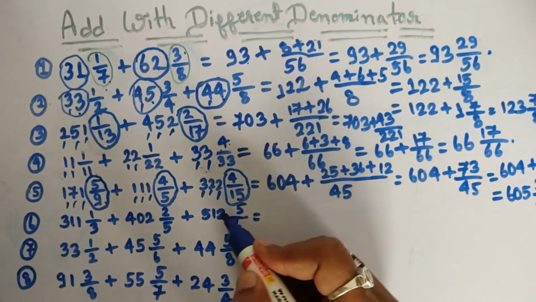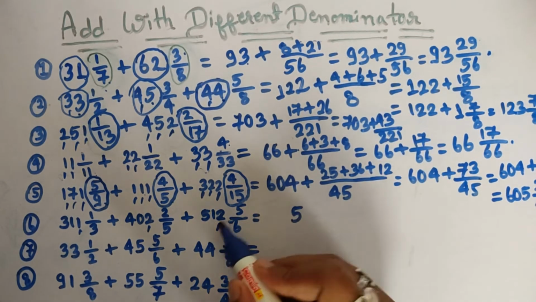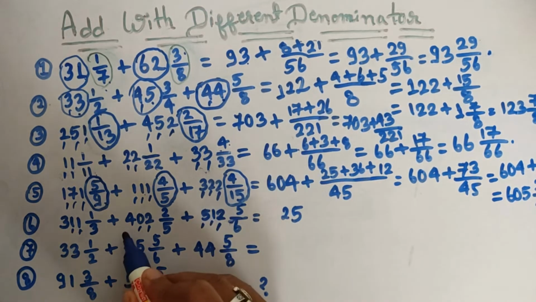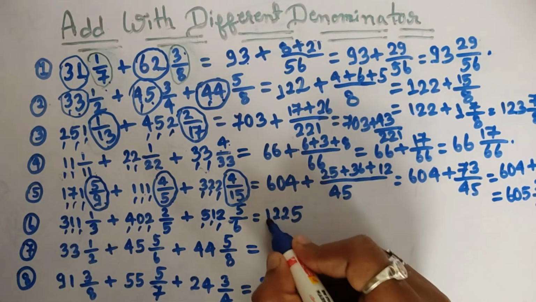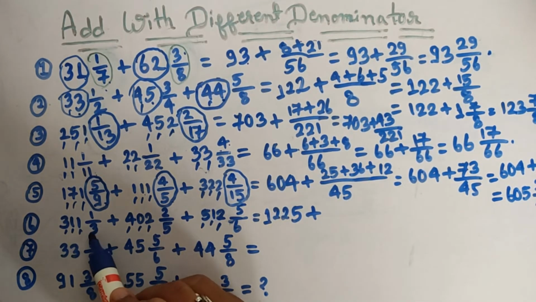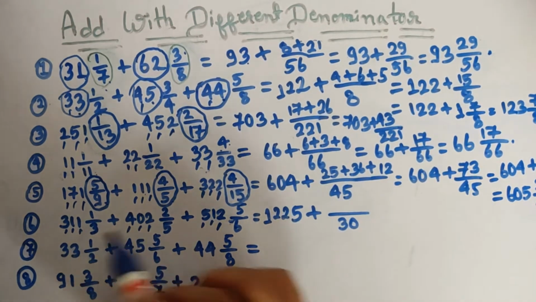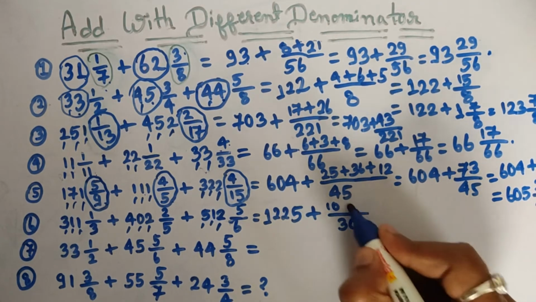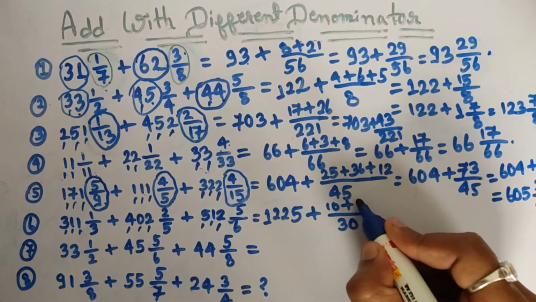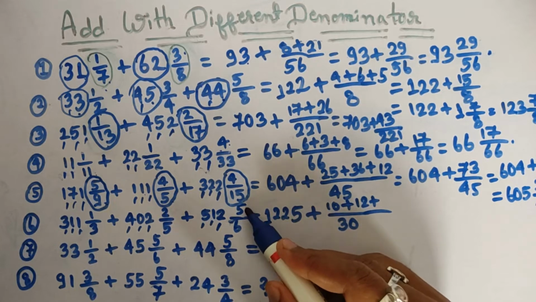Come to the next question. Add the simplest form. 5 plus 4 is 9, 9 plus 3 is 12, and so on, giving 1 2 2 5 plus. Solve the fraction form. Take the LCM of 3, 5, 6, which is 30, as you know. 30 divided by 3 is 10, into 5 is 50... 30 divided by 5 is 6, 6 into 2 is 12, plus 30 divided by 6 is 5, 5 into 5 is 25.